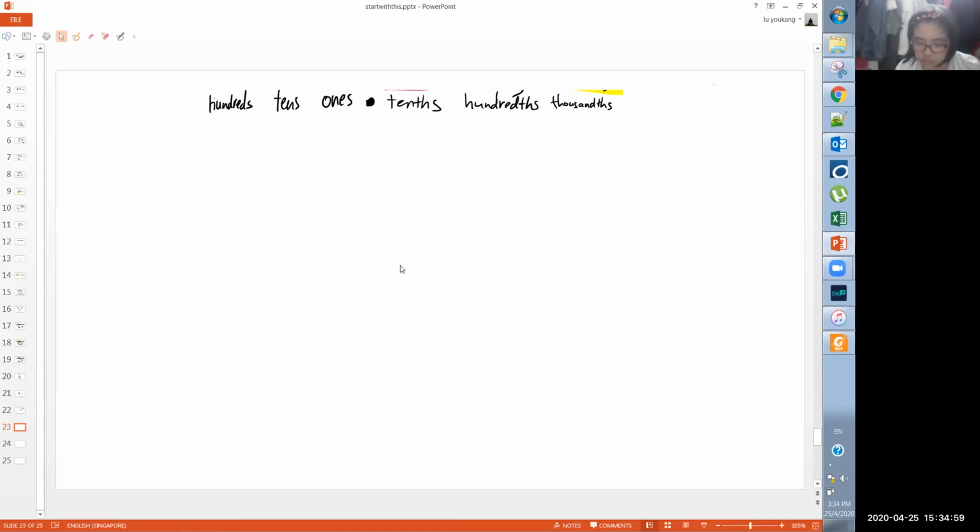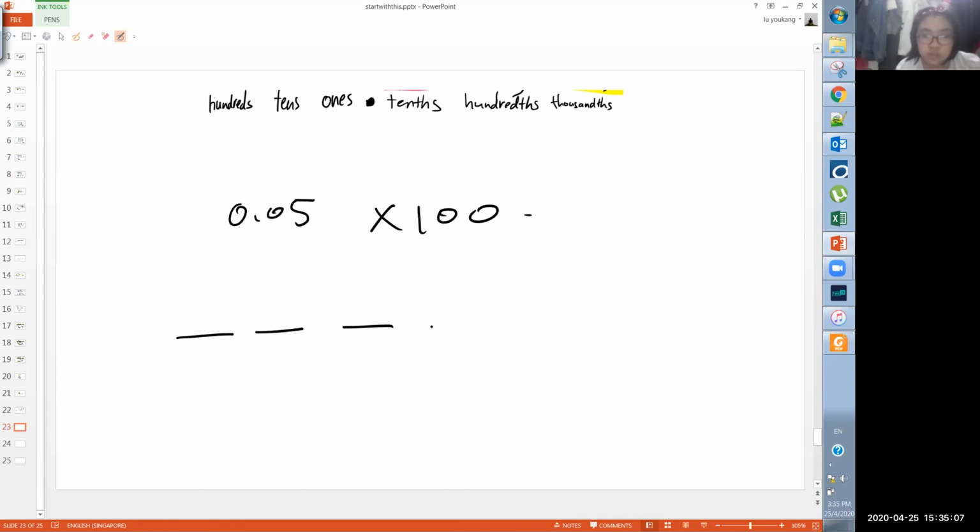Okay? So now I start with 0.05 times 100. So get your blank space up, and get your dot somewhere. So 0.05 times 100 means move to which side first? Times means move to the right. So I move how many places? 100 means 2.